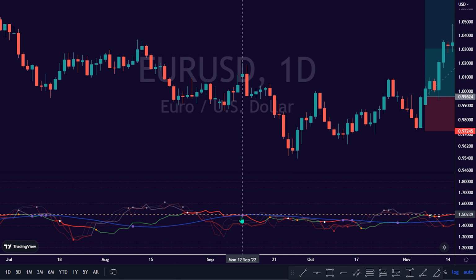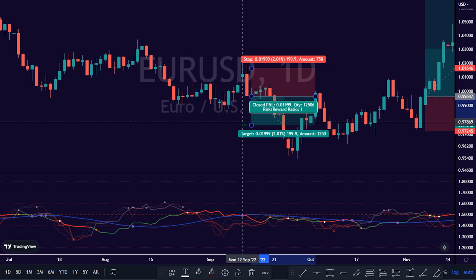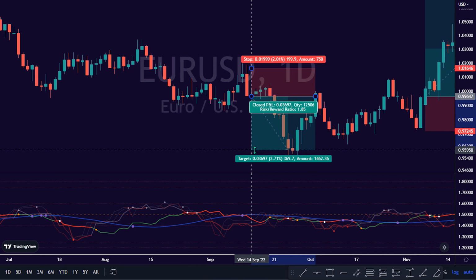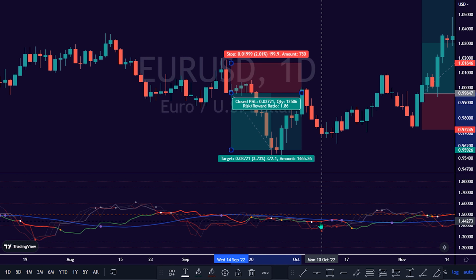Once the indicator prints purple dots when slow FDI, red line, and the blue line, baseline cross, this is the confirmation of a sell signal generated. Traders can then proceed to execute a sell market order. Traders should start trailing their profit down once the slow FDI line, red line, turns green. Traders should exit their sell order whenever the slow FDI line, green line, touches the blue FDI baseline.